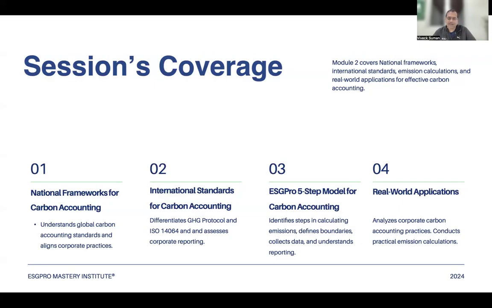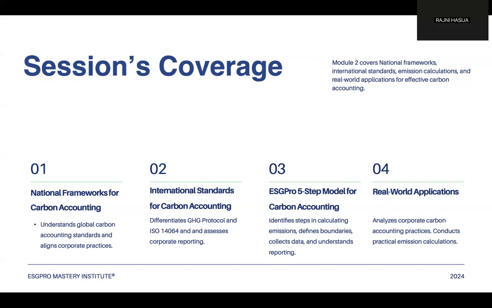What I'm going to cover in this part of Module 2 is, okay, so national framework, which we have already covered. International framework, we have already covered. National framework was, tell me if you remember from yesterday's class, the 3 national frameworks we covered yesterday. Anyone? Come on. I think US EPA, European ETS, and GHGR.